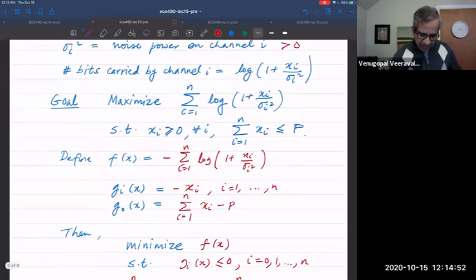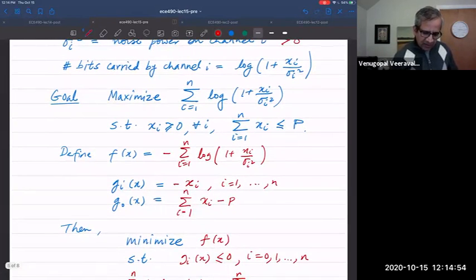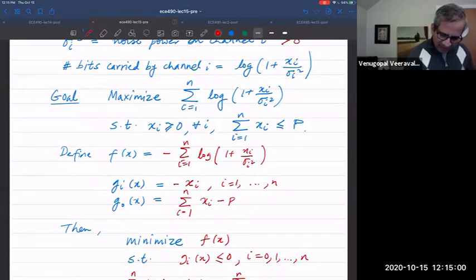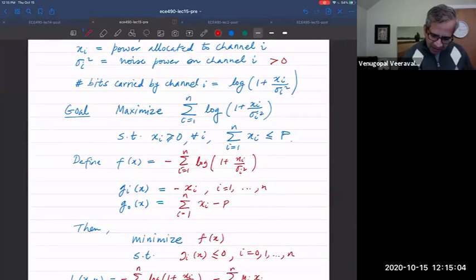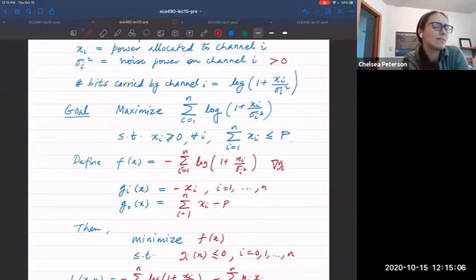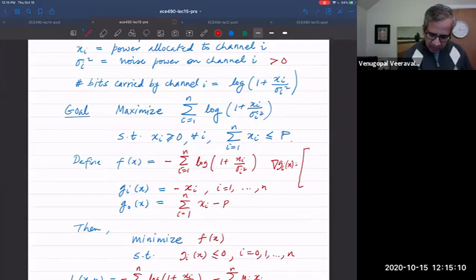So that's actually a good question. Maybe I skipped a little beyond. If you look at the gradient of the GIs, these will be like 0, 0, 0 with a -1 in the ith component.